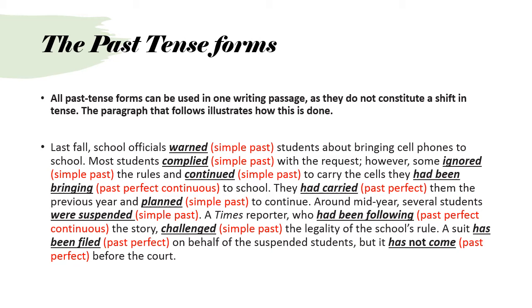So in this fashion we can actually write all the past tense forms in one writing passage, and we need not shift to past and present and future and so on. This is how consistency of one particular tense can be maintained in one paragraph.